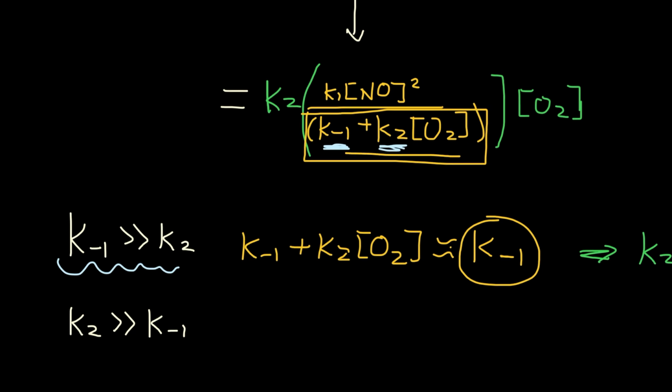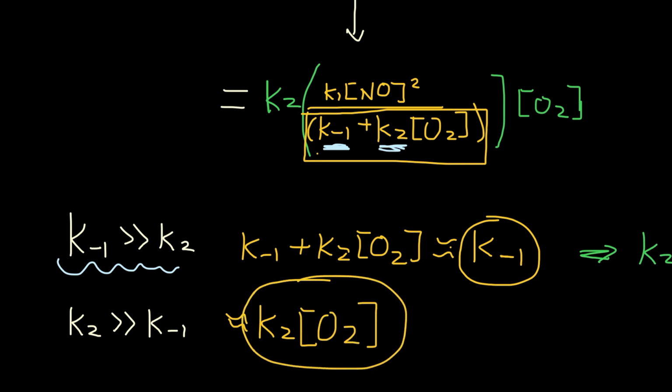So instead of writing all of this, we would just say that if we add K -1 plus K2 with oxygen, it would be pretty much the same as K2 and oxygen here.